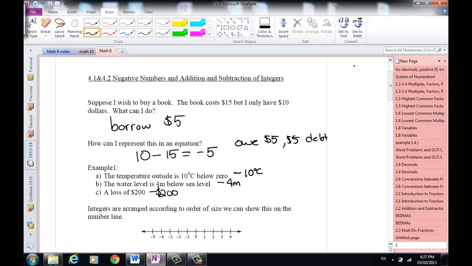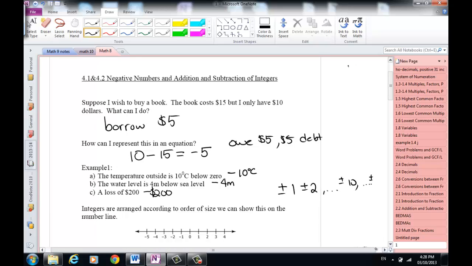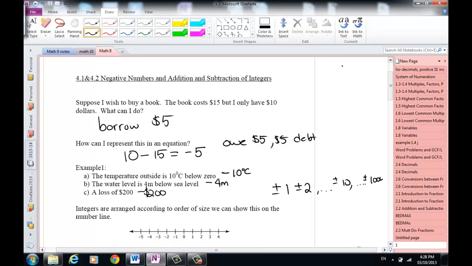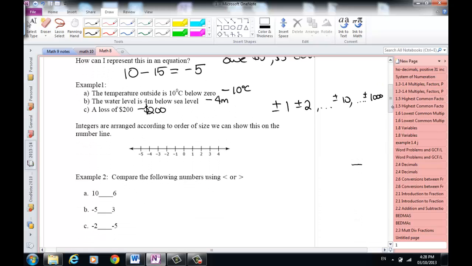Alright, so integers. Integers are very similar to whole numbers, except they include negatives. So an integer can be plus or minus 1, plus or minus 2, plus or minus 10, plus or minus 100, a million, 1,000. There's lots of examples. And we like to use number lines to arrange numbers.